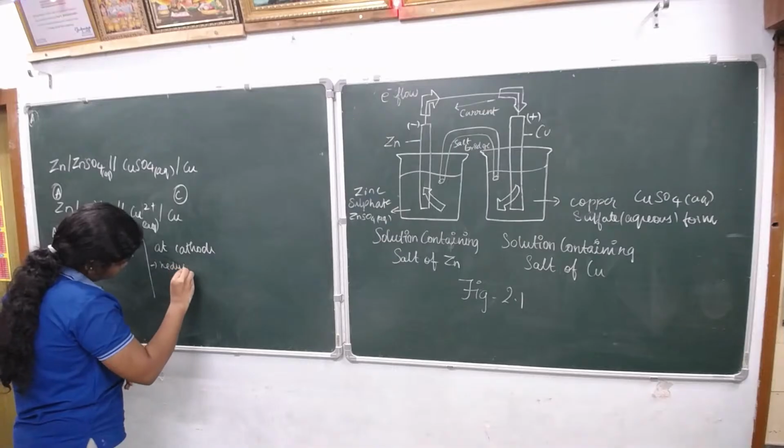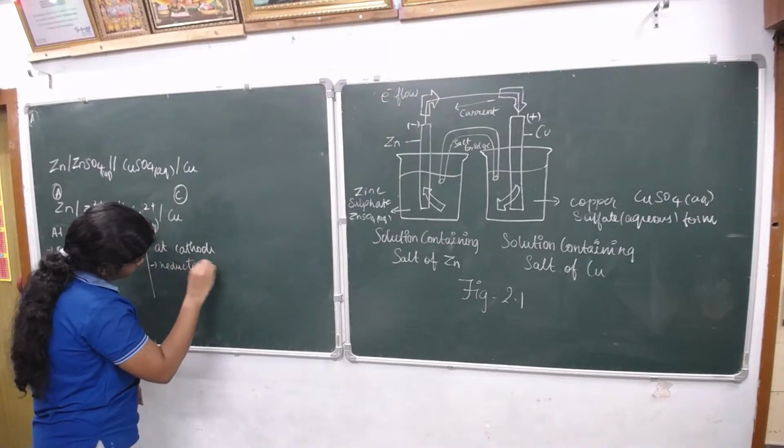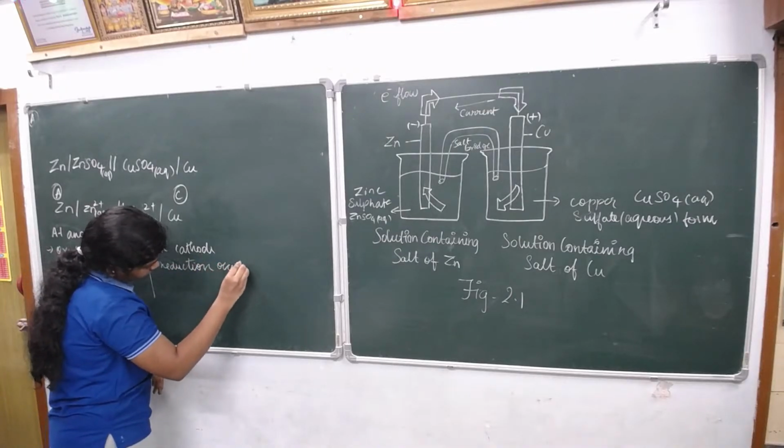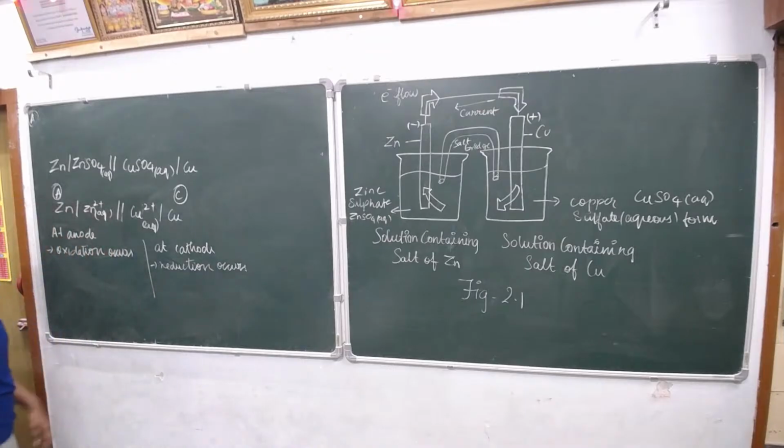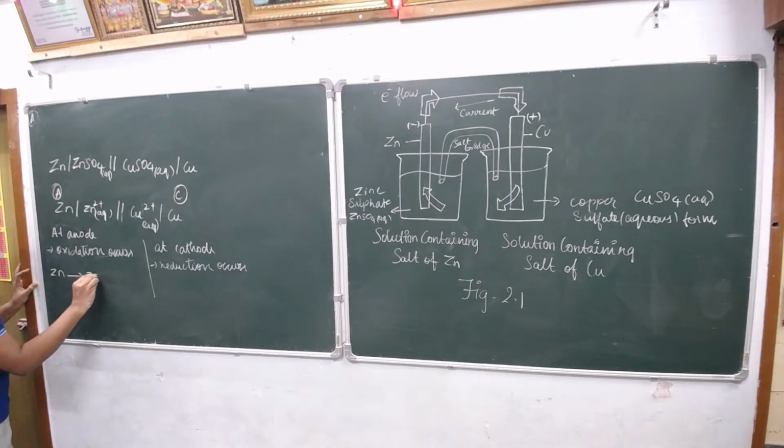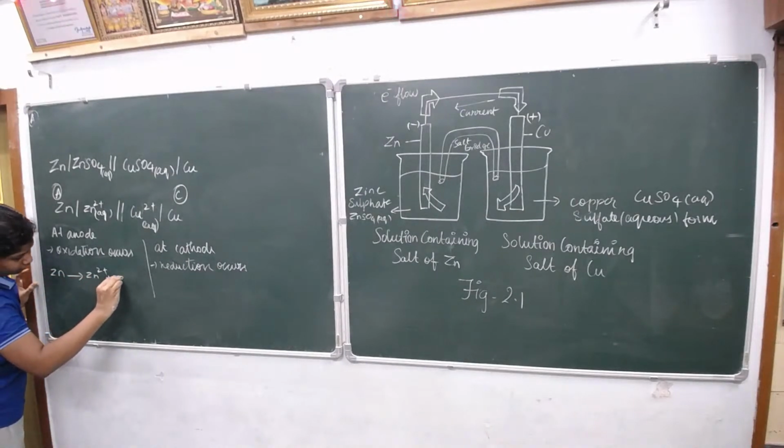Reduction occurs. Now write down Zn becomes what? Zn2 plus 2e.